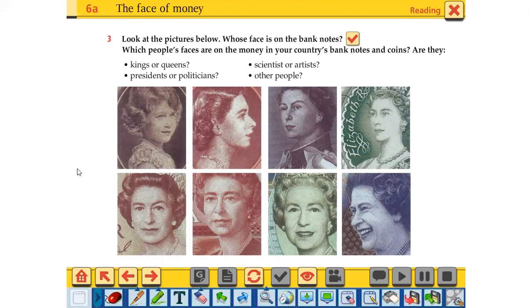Look at the pictures below. Whose face is on the bank notes? Okay. Which people's faces are on the money in your country's bank notes and coins?